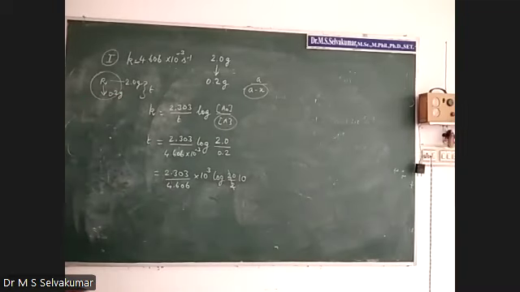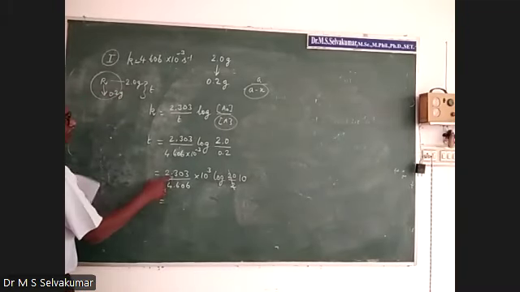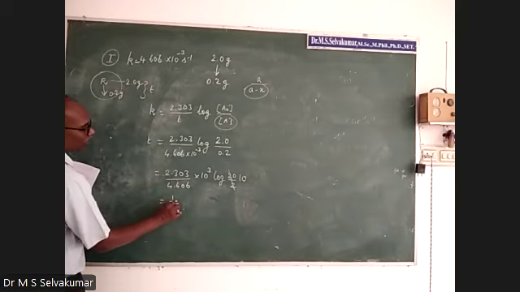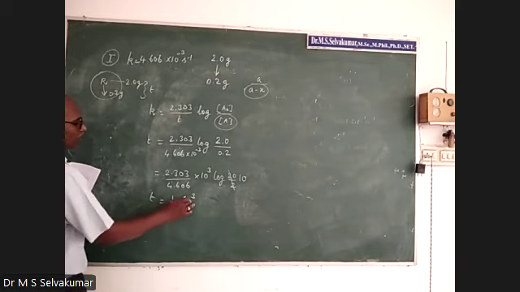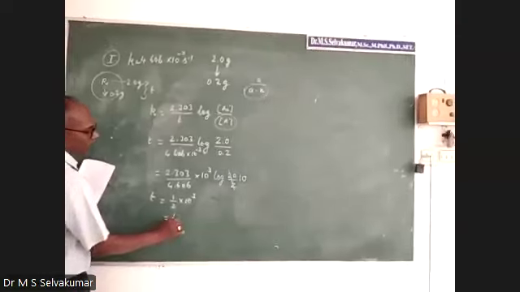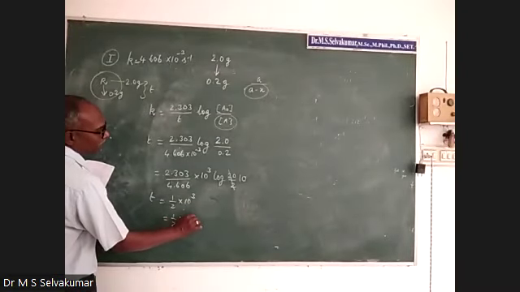Log 10 is 1. So this becomes exactly the double value. So it is 1 by 2 into 10 power 3, which means 1 by 2 into 1000.